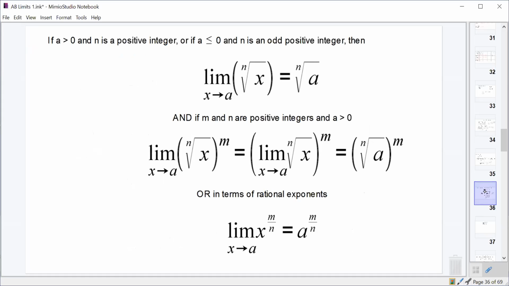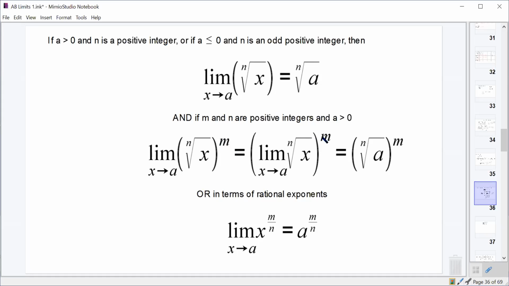Okay, next one has to do with radicals and rational exponents. All of what this is saying is that anytime you have a rational expression, or a function with rational exponents, all you got to do is plug it in. And as long as it doesn't come out to something indeterminate, you're good. Plug in the number and you get an answer. You can take the power that's on here and take it outside if you want to.